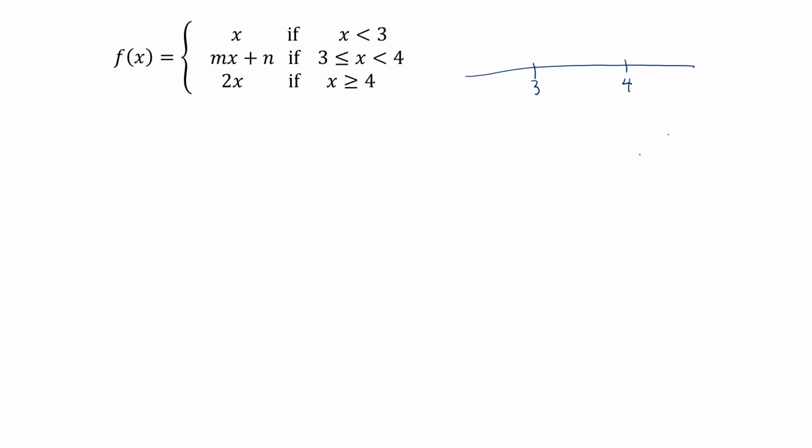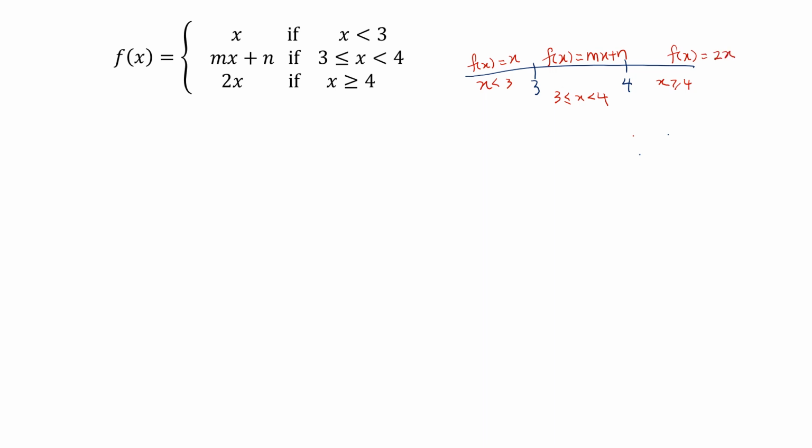The first one, we have x less than 3, then the function f is x. For the interval x between 3 and 4, the function f is mx plus n. And for the interval x greater than or equal to 4, the function f is 2x.